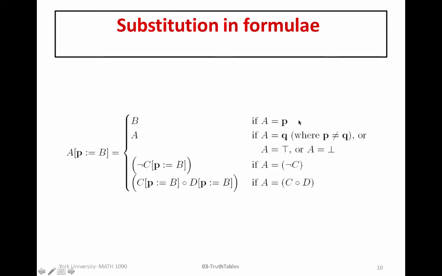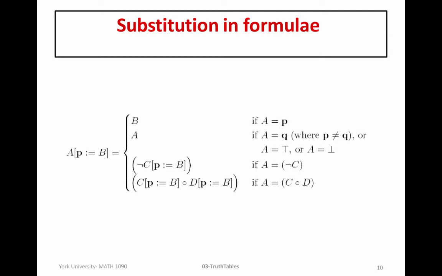If A isn't P, and it's an atomic formula, then it's either a different Boolean variable Q, or it's one of the constants top or bottom. In this case, notice that P doesn't occur in A, and so simply the formula remains unchanged. We just simply get A back. Okay, so that takes care of the atomic formula case.